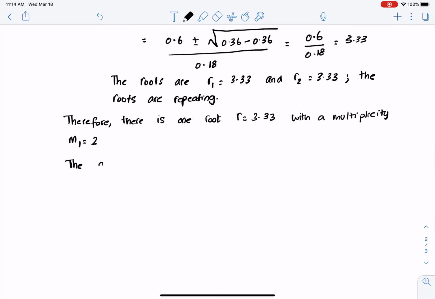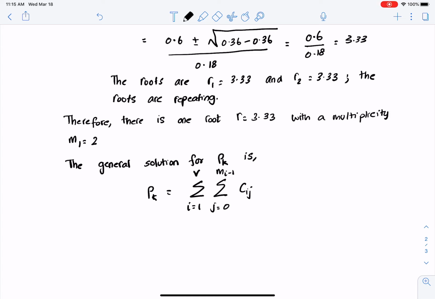The general solution for rho k is rho k equals the sum i equals 1 to v, sum j equals 0 to mi minus 1, of cij, k raised j, and r raised minus k.